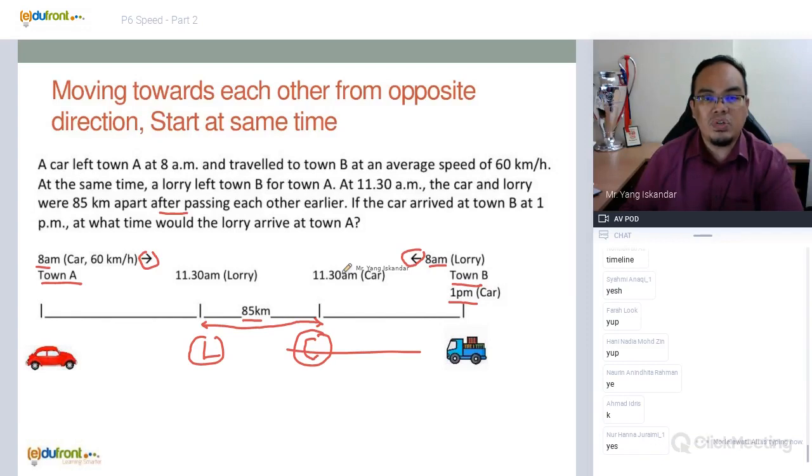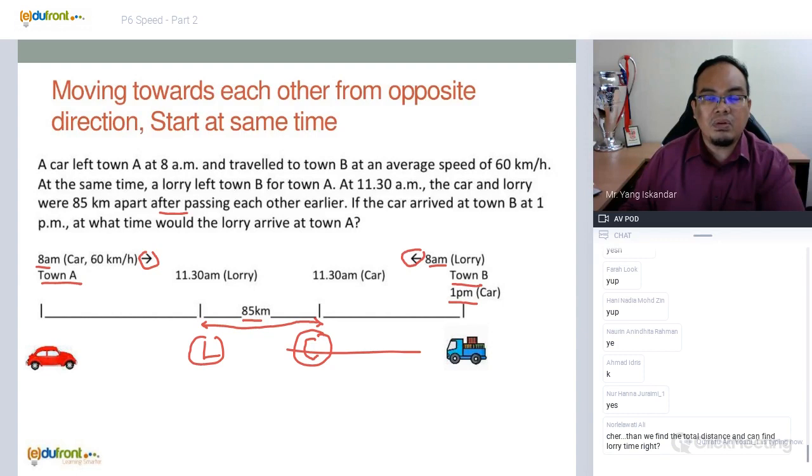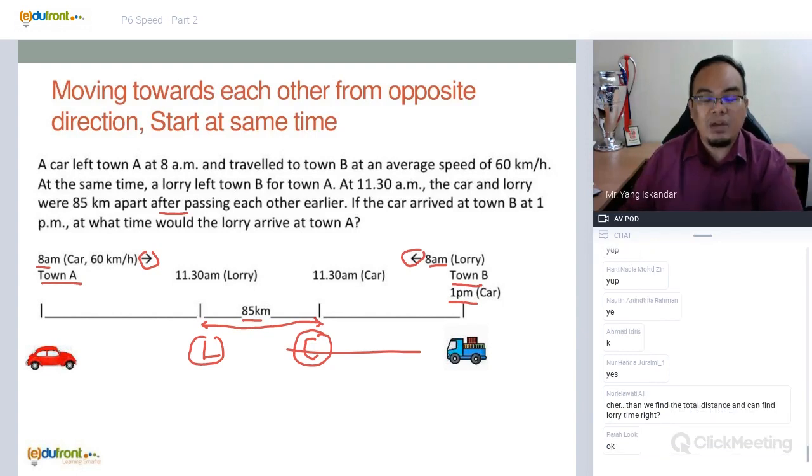Whatever is going through your mind, you put it down on paper so that the examiner, at least if you get the wrong answer, is able to see through your working, understand your thought process and try to give you marks. We examiners do not like to penalize students anyhow. We want to give you as many marks as possible, but you need to show the examiner that you understand. Without writing the steps, without writing the working, nobody can understand what is going through your mind. That's why it is very important.